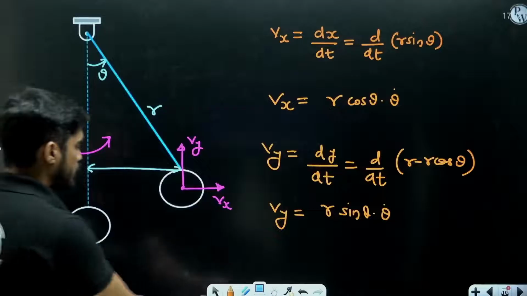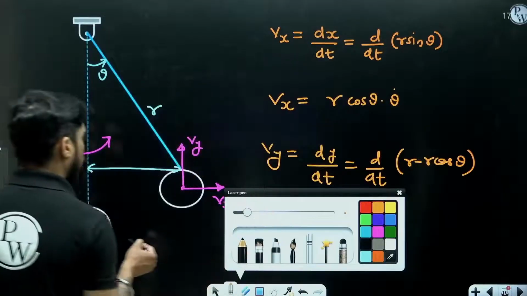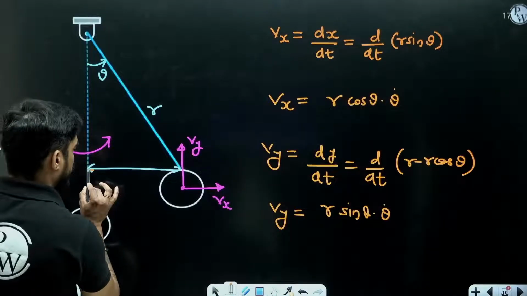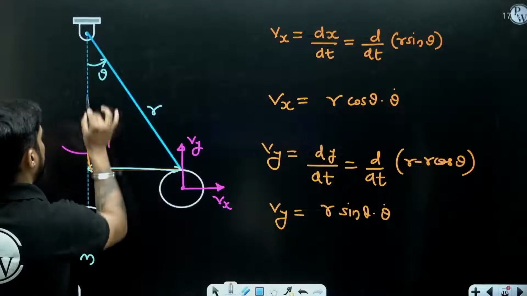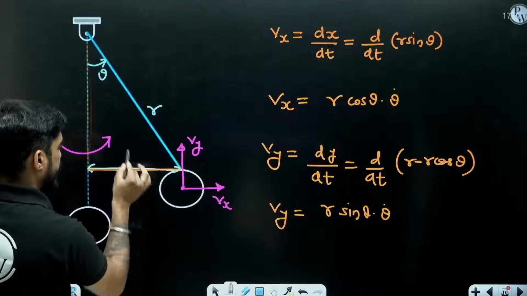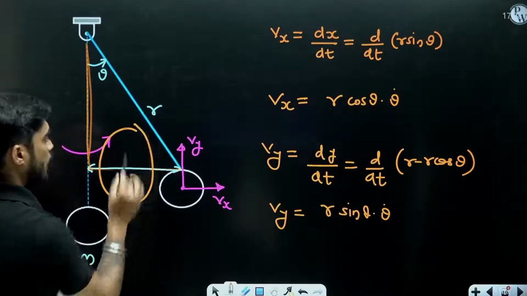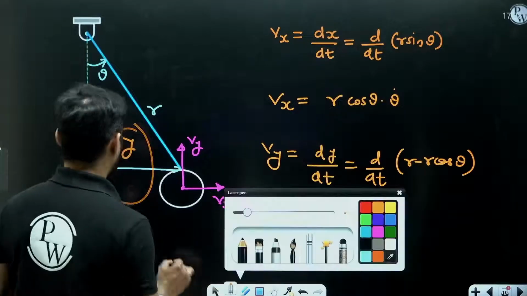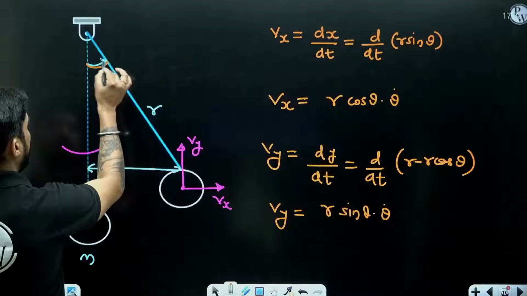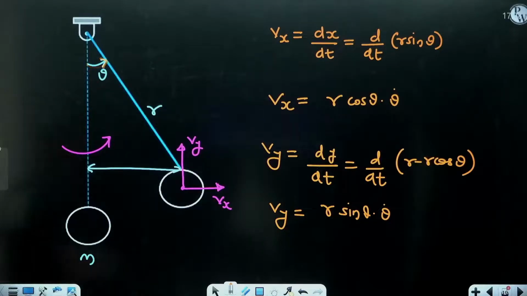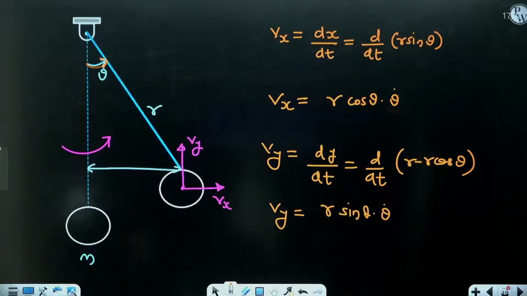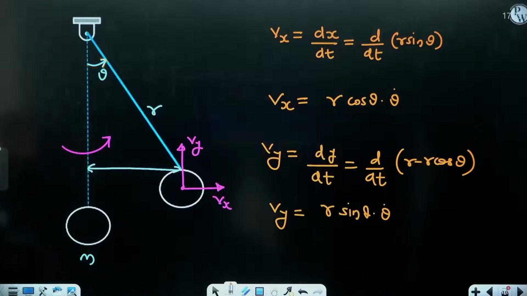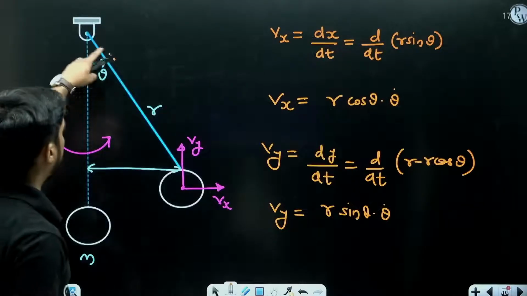So here, although you have the velocity in x and velocity in y, x and y are not two different coordinates because they are connected to each other. X and y both are dependent on theta. One is r sin theta, the other one is r minus r cos theta.